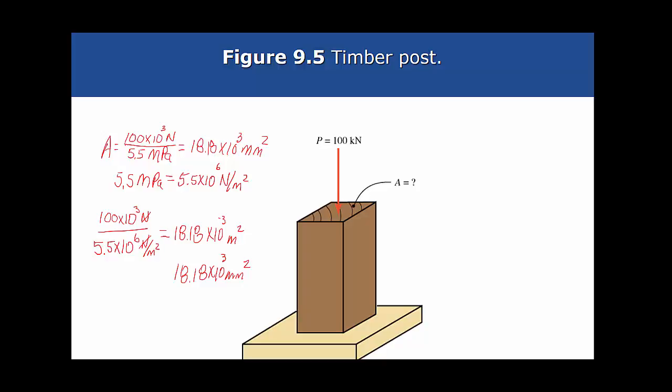You'd have to go back and look at your other properties, make sure that it would withstand that stress. But just because the area matches up doesn't mean that the material is going to hold up to that, does it?